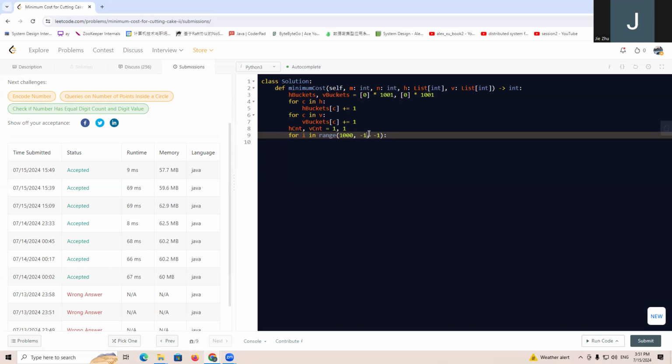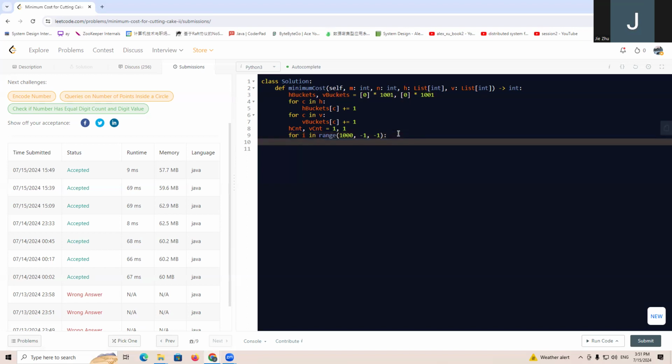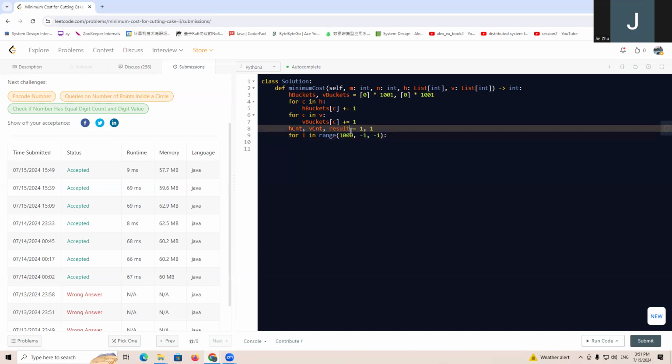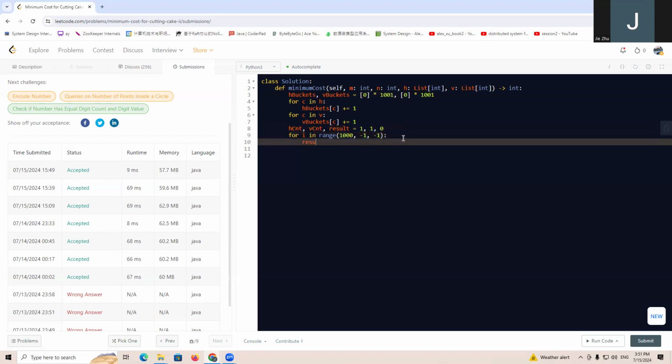But we have the buckets from 0 to 1001, so to not make a confusion, we use -1 here. So let's have a result equals 0, and our result should be plus equal to i multiplied by V count multiplied by H bucket i.